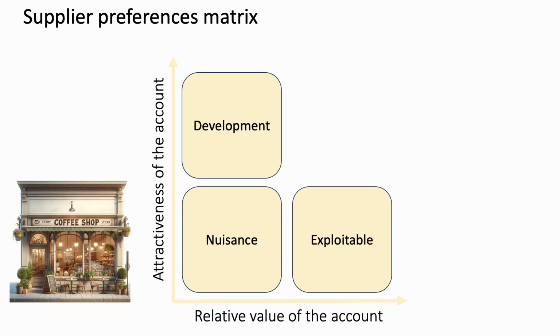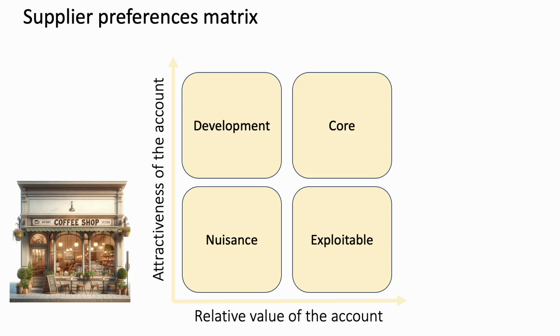Development. A coffee shop with potential for growth, but currently not a significant account, falls into this category. Suppliers may offer competitive prices and excellent customer service to encourage more business. To move from development to core, show loyalty by increasing your business with these suppliers and engage in activities that help them understand your growth potential.